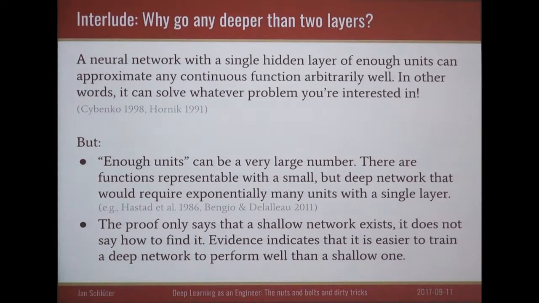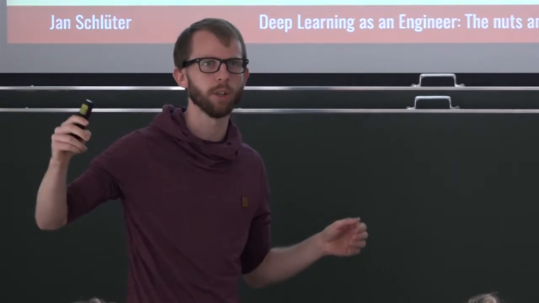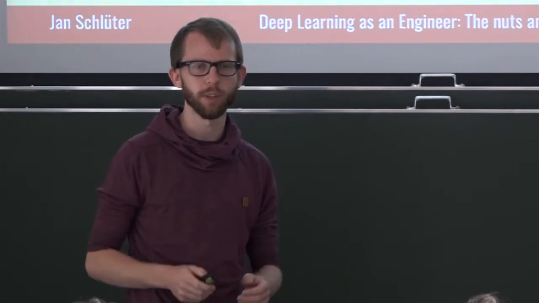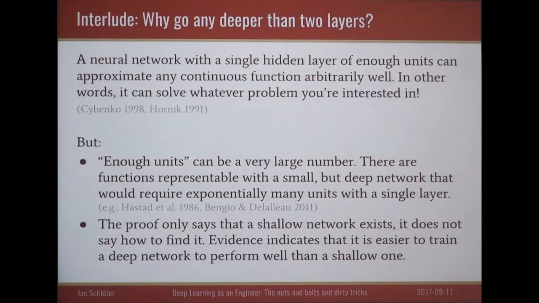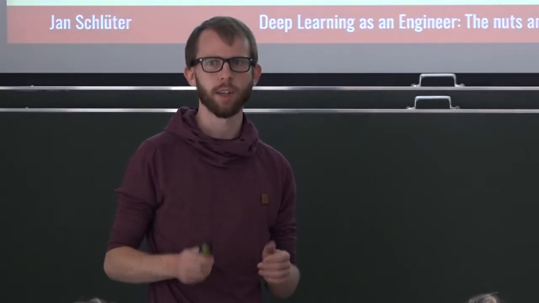There are some proofs that show that there are functions that can be expressed with a deep and relatively small network that take exponentially many units if you try to express this with a single hidden layer. So deeper functions can express some solutions much more compactly. And also the proof only says that there is a network that can solve the task.